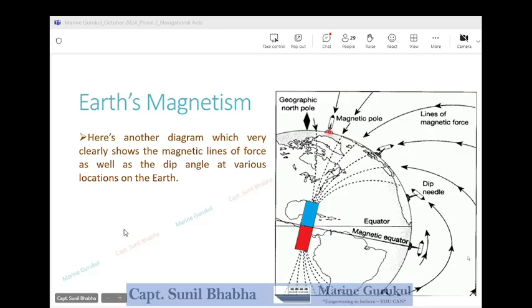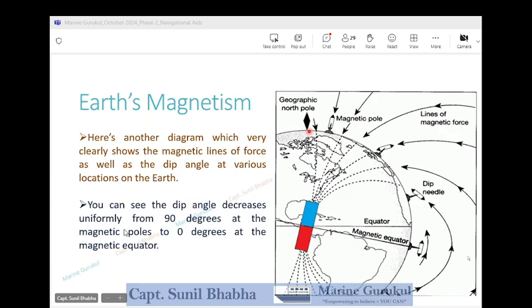The red end of the dip needle will be pointing exactly downwards towards the blue end of the Earth's North Magnetic Pole. You can also see the geographic North Pole. It is at a different location from the magnetic North Pole. So you can see the dip angle starting from 0 at the magnetic equator, increasing and going up to 90 degrees at the magnetic pole.